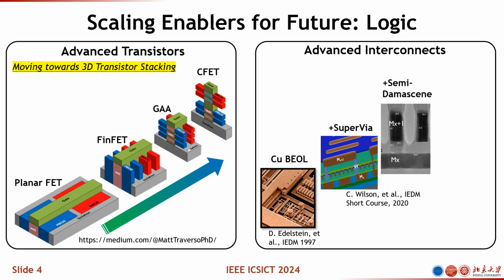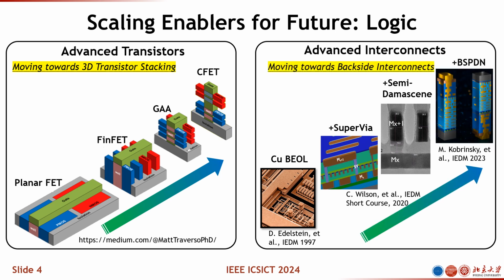And the other part actually is the interconnects. We are evolving from the copper interconnects to the super via to semi-damascene. And now we are having the BSPDN. And we are going to have more sophisticated interconnects on the wafer backside. As you can see, for the advanced interconnects, we are moving towards the backside interconnects.